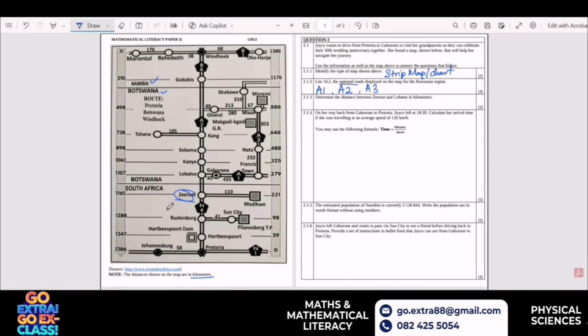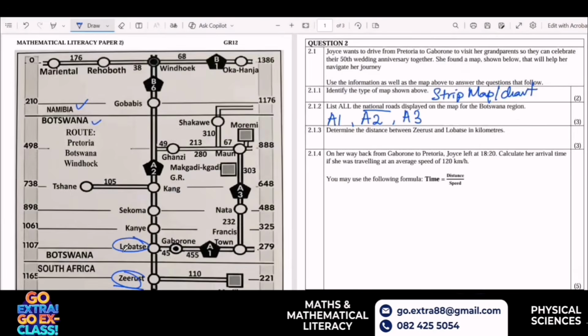As you can see, according to this, it's 221 from Pretoria. And then where is Lobotswe? It is somewhere in Botswana. So here, that's where you find it. Let me bring it back to where you can see it closer.